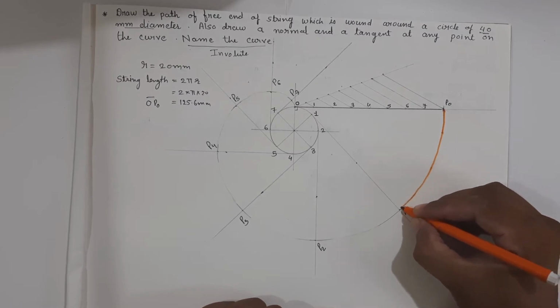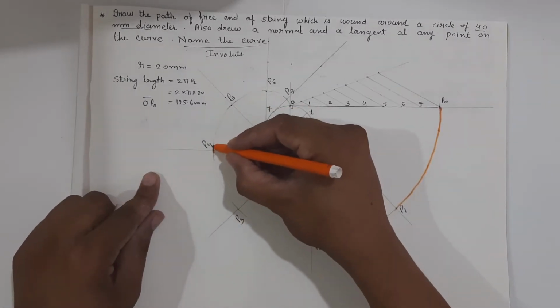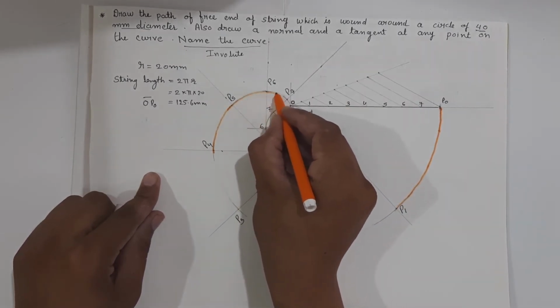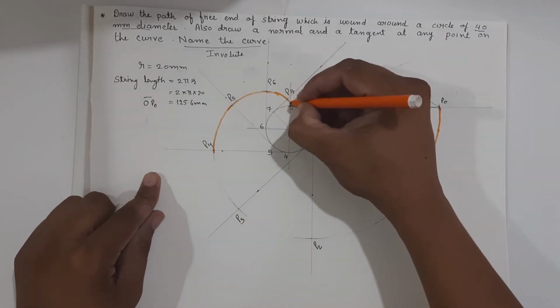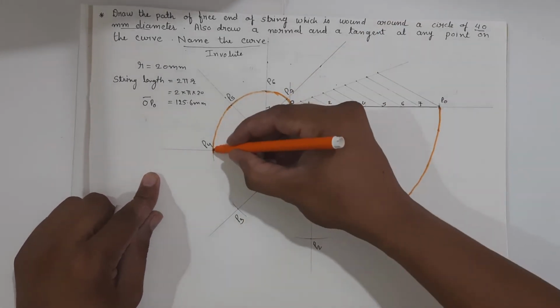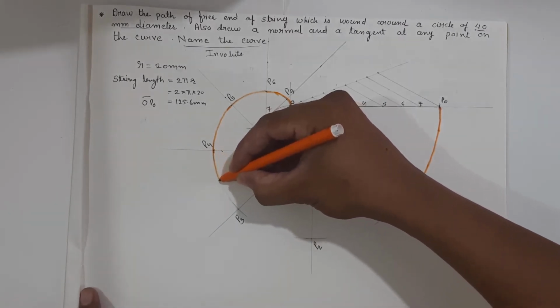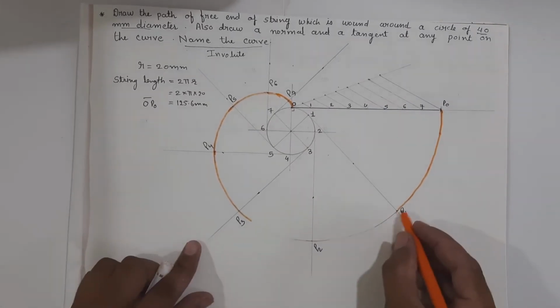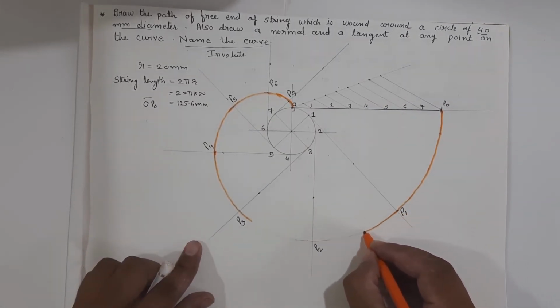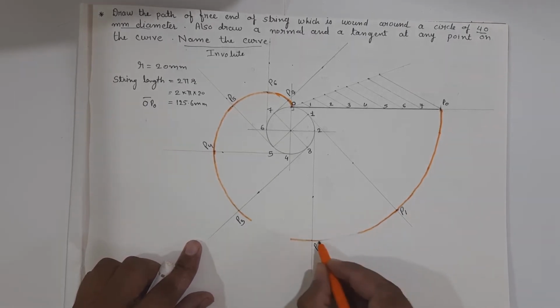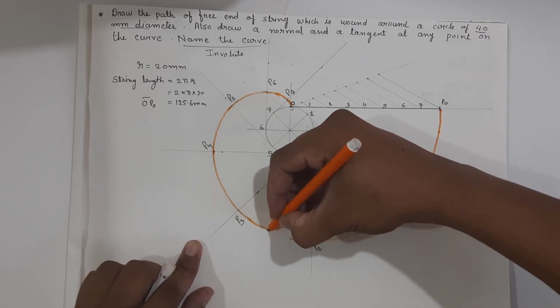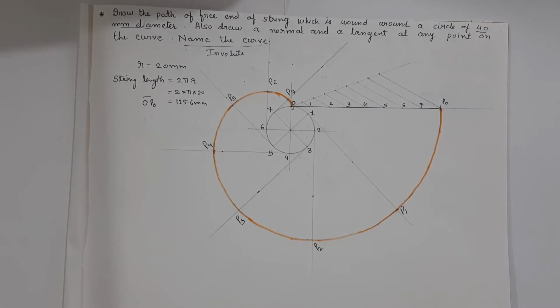We have to draw the freehand curve passing from P1, P2, P3, P4, P5, P6, P7 up to 0. So the curve will be an involute.